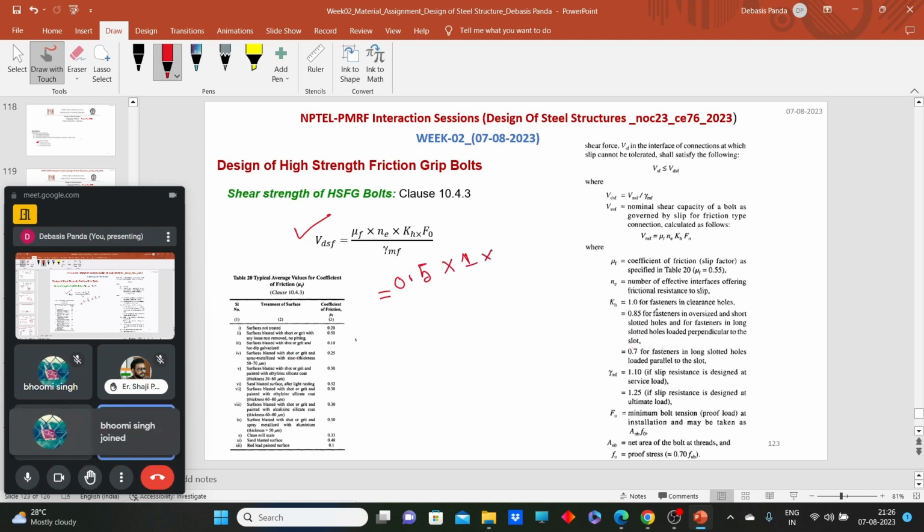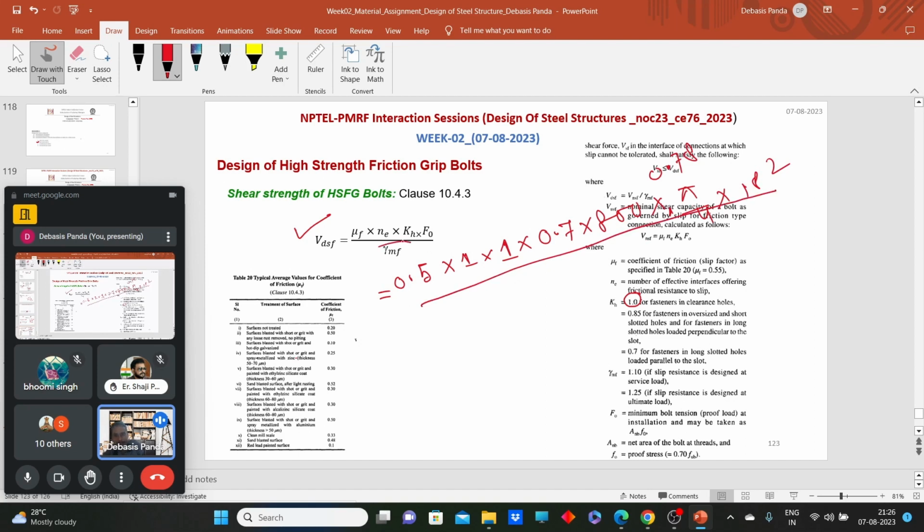What is the KH value? KH value 1 we will consider for the standard clearances, into what is the value of F naught? F naught will be 0.7 into FUB 800 into pi by 4 into 0.78, because we are calculating the A and B, into 18 square.